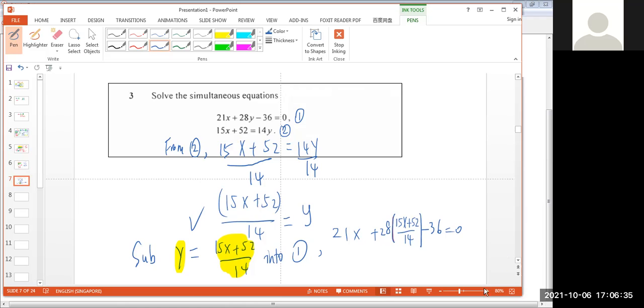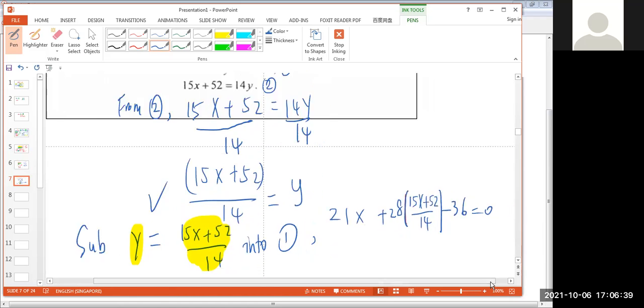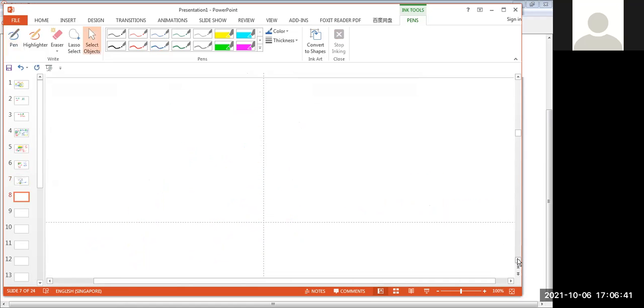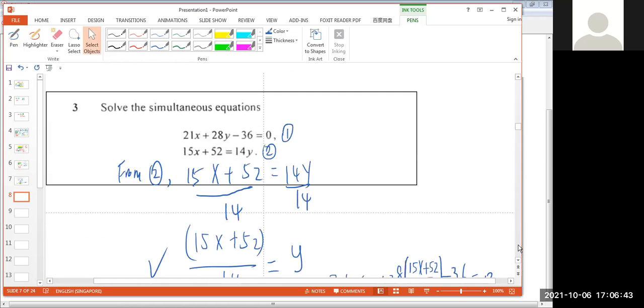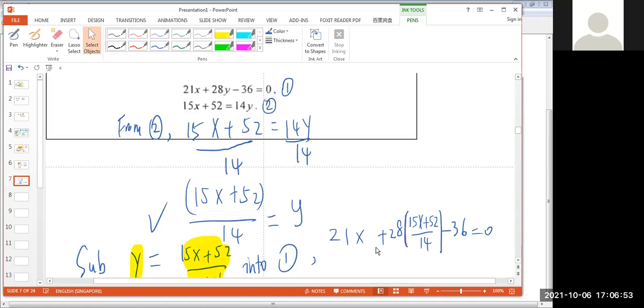Probably I just zoom in a little bit so that you can see. Here, okay, this one. So once you get this, what you will see is 21x.